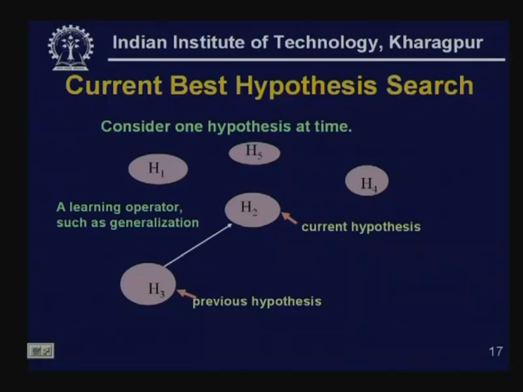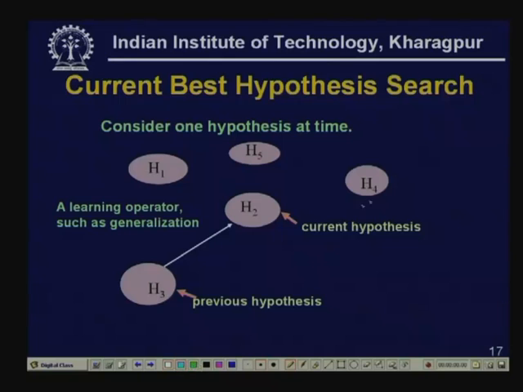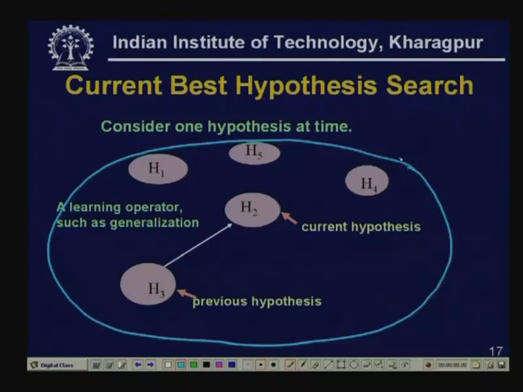Now, when we have a set of competing hypotheses, so when we have a hypothesis space which consists of a set of hypotheses, how do we search for the hypothesis that we want? The search could be carried out in many ways. So, we will just mention two simple possibilities.